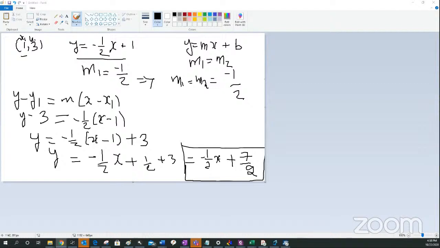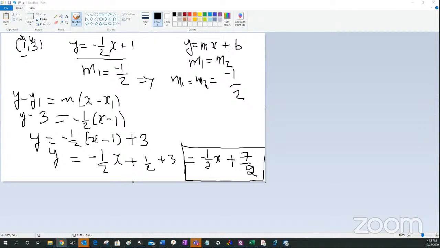Make sure that you know your equations, the line equations with the slope. Memorize it, so even if you wake up in the morning, you know what it is. This is the one with two points, and this is also y equals mx plus b. So those are the equations.